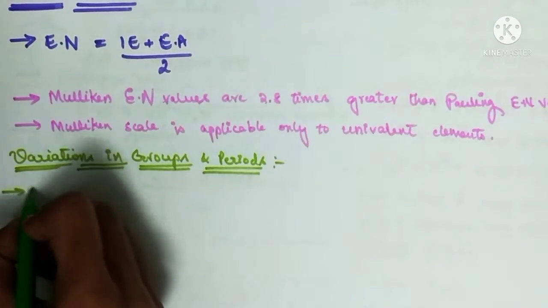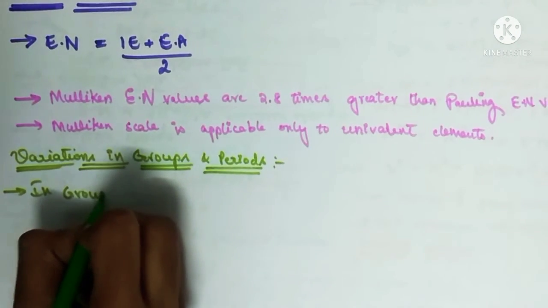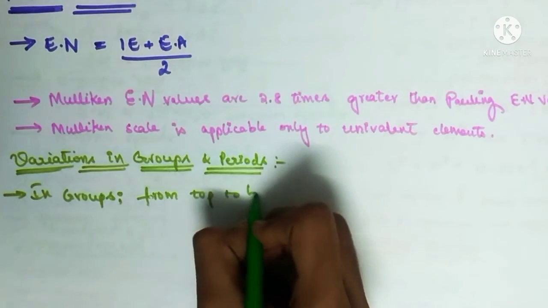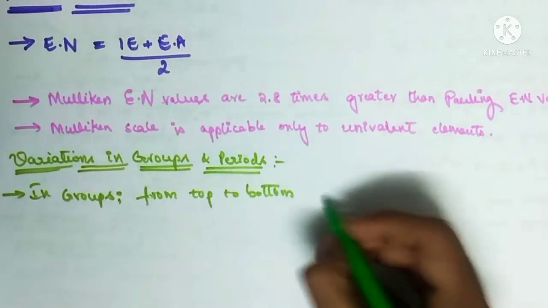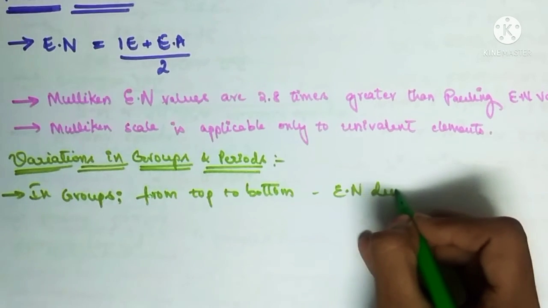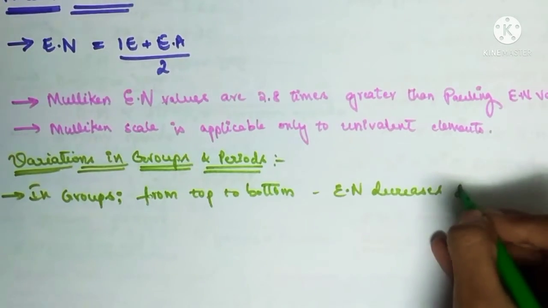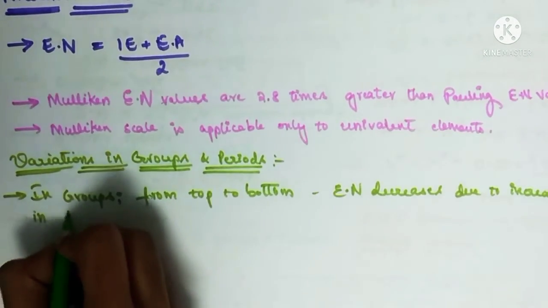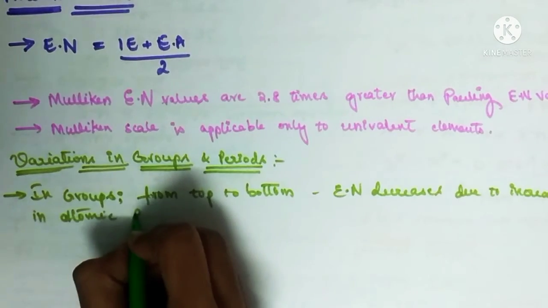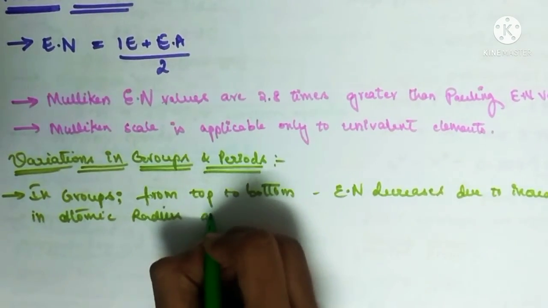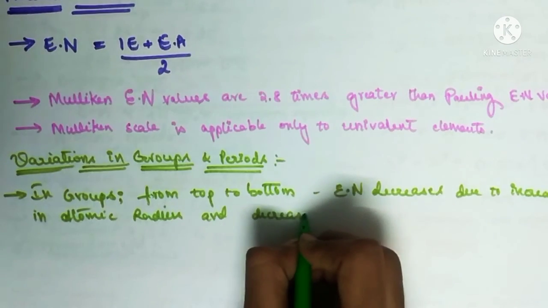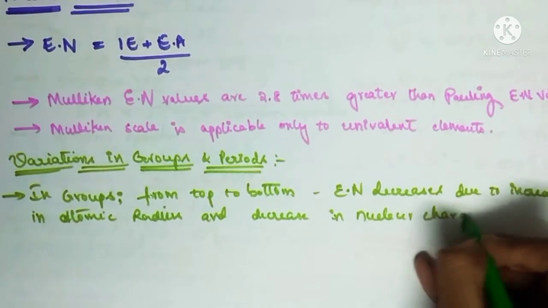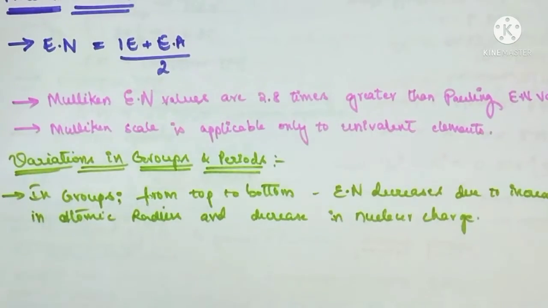In groups, from top to bottom, electronegativity decreases due to increase in atomic radius and decrease in nuclear charge. If the nuclear charge decreases, the electronegativity also decreases because the attracting tendency is decreasing.